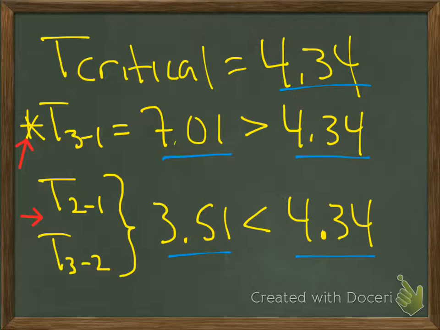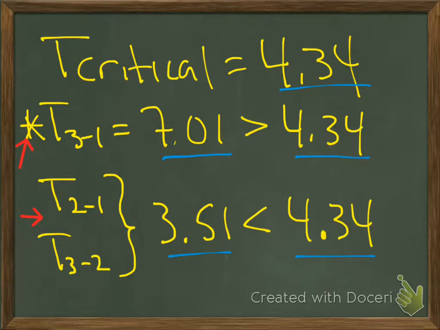And then we can wrap words around our results. So group 3, on average, that population mean is higher than the population mean for group 1. There's no difference on average between the population means of group 2 and group 1, or between the population means of group 3 and group 2.